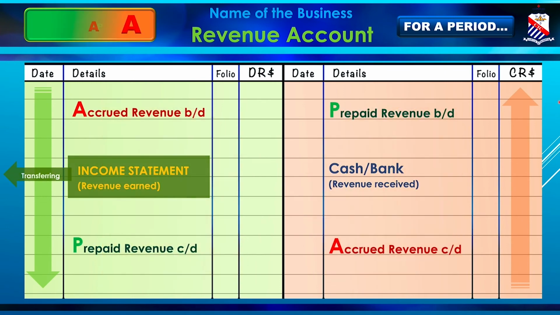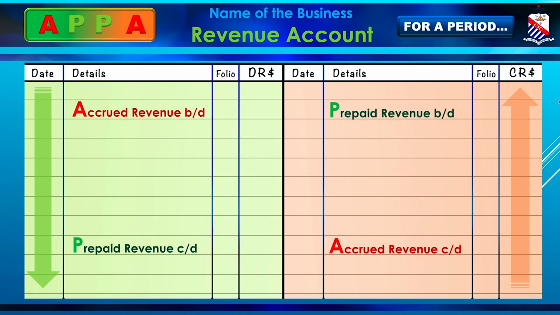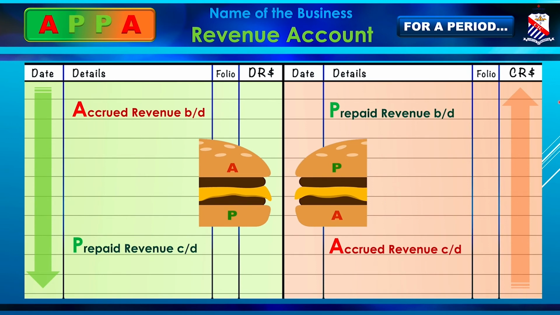So this is our format for the revenue account. You would have your A for accrued revenue, and it will be your beginning figure. Your P for prepaid revenue, beginning figure. Your P for the carry down figure would be on the debit side, and the accrued revenue would be on the credit side, right?